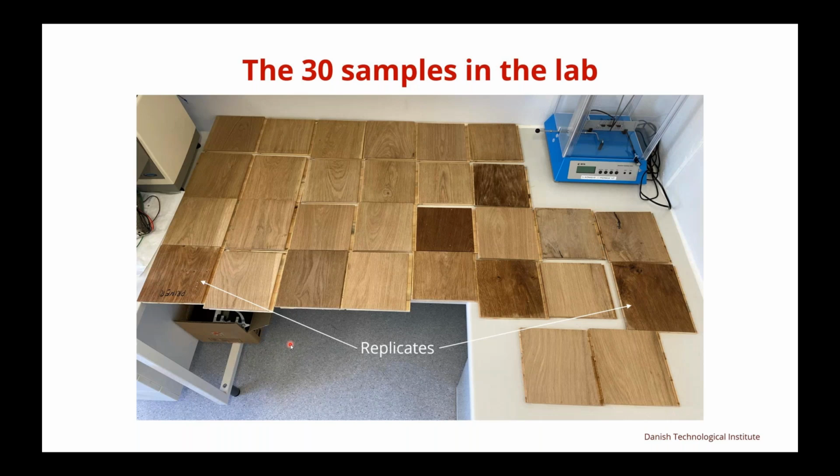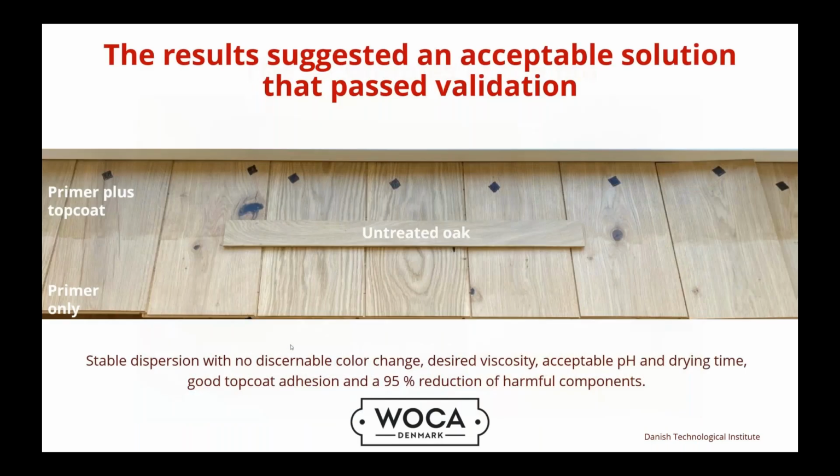Yeah, and based on these 30 samples, we were actually able to identify a combination that was not among the 30 tested, where the prediction on each of the quality features suggested a new combination that might pass the overall requirements for an acceptable product.